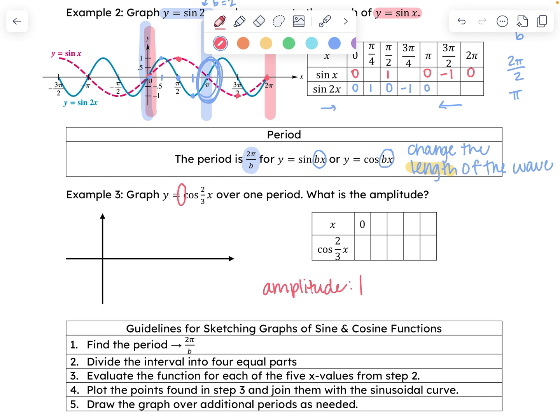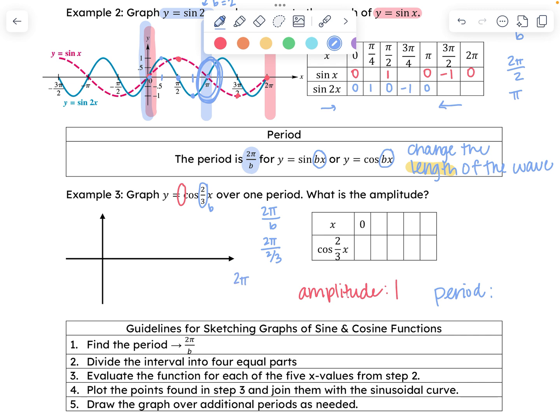My period is what's going to be a bit different because I am multiplying by something here. So remember, to find the period, that's my b value. So I'm going to do 2 pi over b, or 2 pi over 2/3. Okay, I don't really want a fraction within a fraction, so I am going to change this using keep change flip.